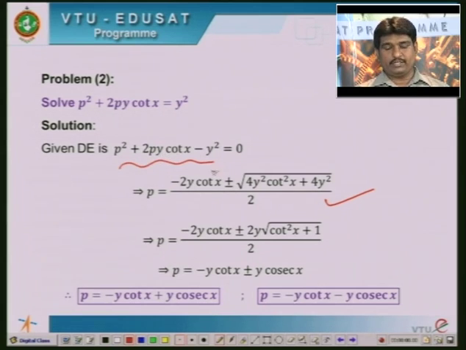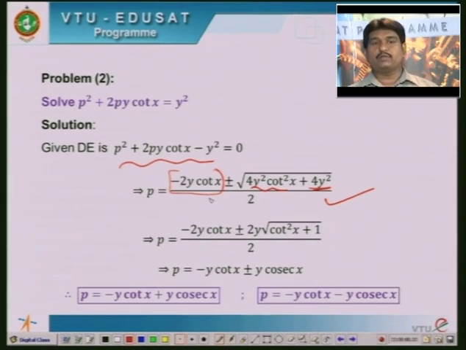So I have written minus b plus or minus root of b square, 4y square cot square x, minus 4ac, which is 4y square divided by 2. Simplify this. Take 4y square outside the square root to get 2y. Then it is 2y into root of cot square x plus 1.